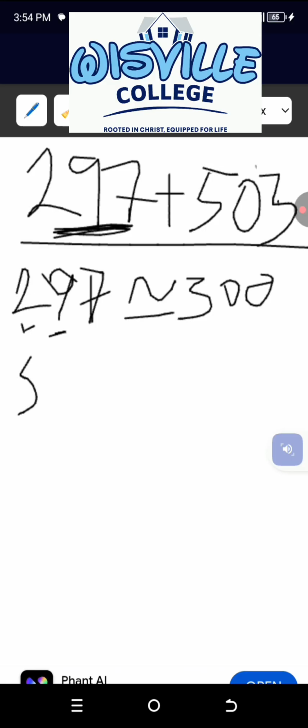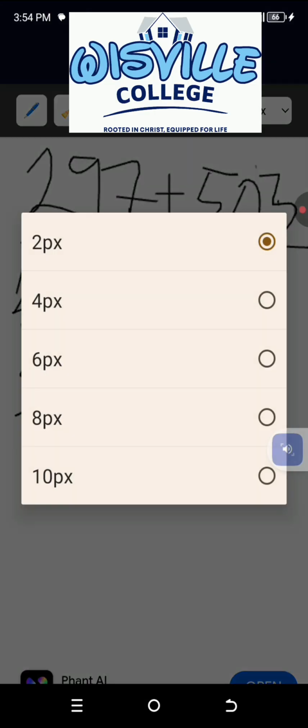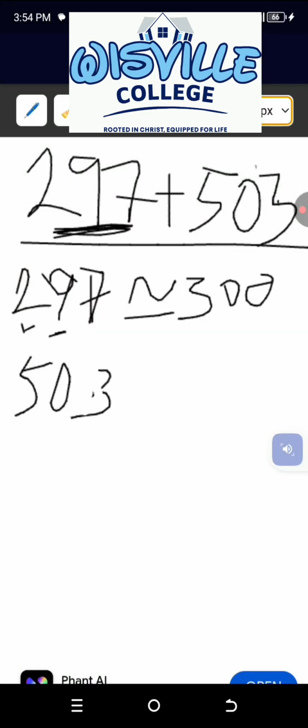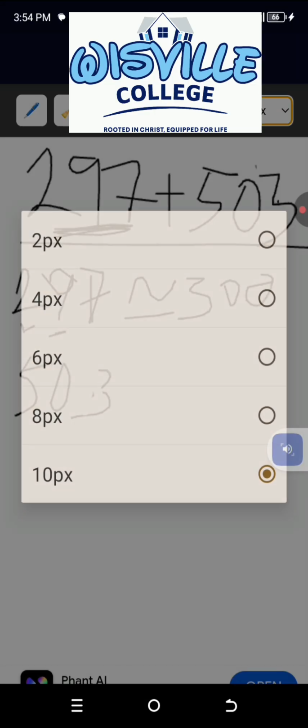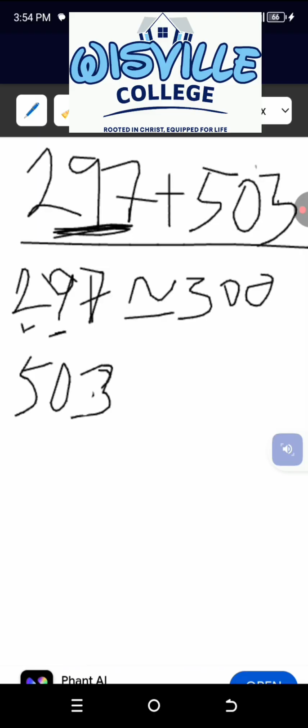So we have 503. Okay, so we estimate this to be what? In this case, since we are using 100, everything should be in 100, right? Okay, so 503.